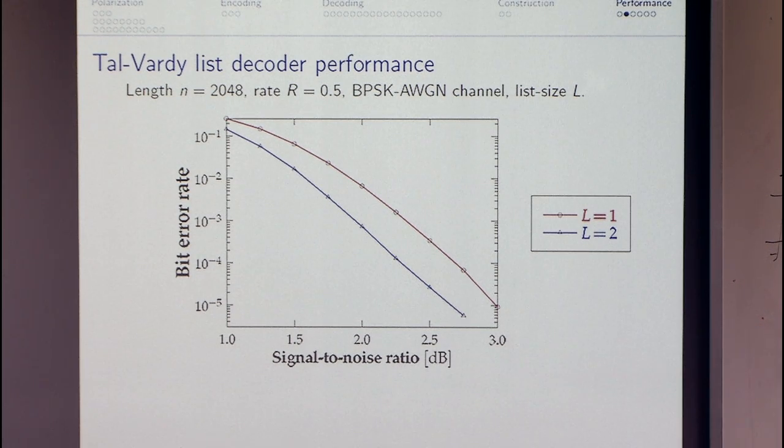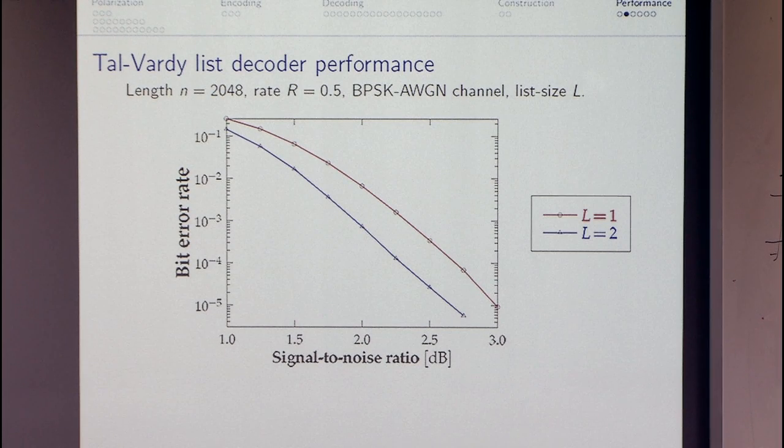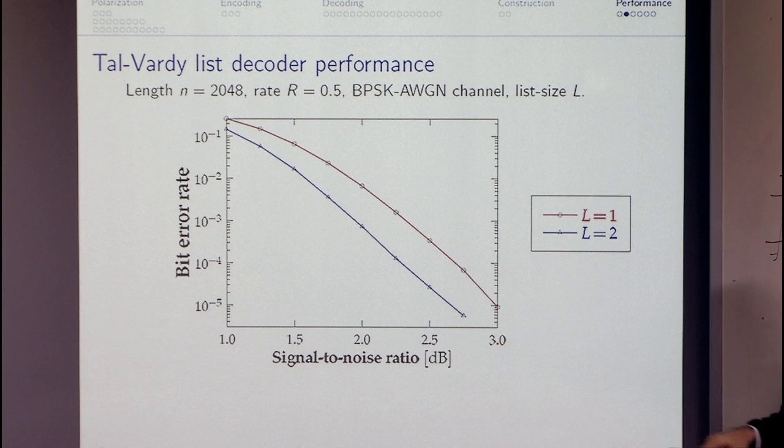You don't commit yourself to either 0 or 1, but you follow both possibilities. This is important, especially at the decisions which are bound to be unreliable or semi-reliable because the channel that you are using is not sufficiently polarized. You want to still use them, otherwise you lose too much from rate.